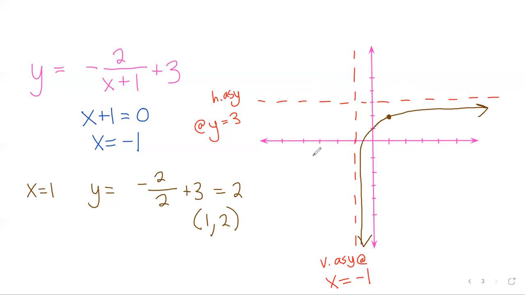And then let's do something on this side, just to make sure. So we'll do x equals -2. When x equals -2, we get y equals -2 over -2 plus 1, which is -1, plus 3. So that'll be 2 plus 3 is 5.